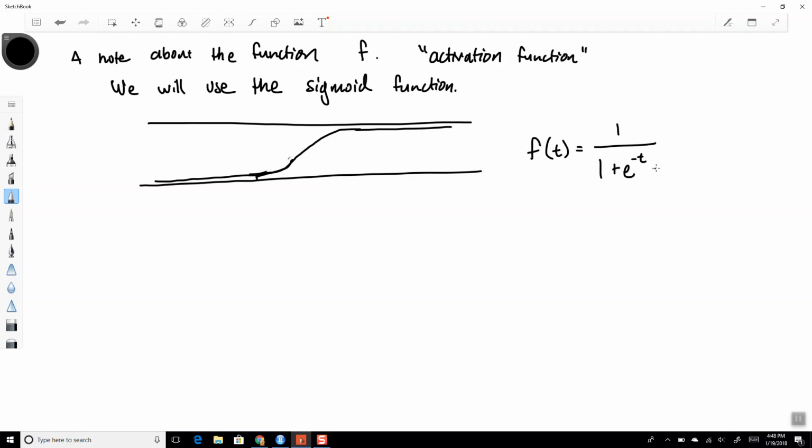And for very negative values of t, this becomes like 1 over 1 plus a million, and so you get values very close to 0. This is the sigmoid function. It's like the inverse of the logit.